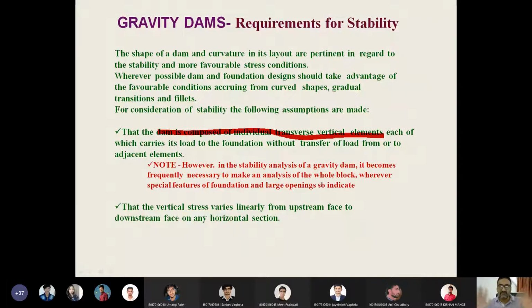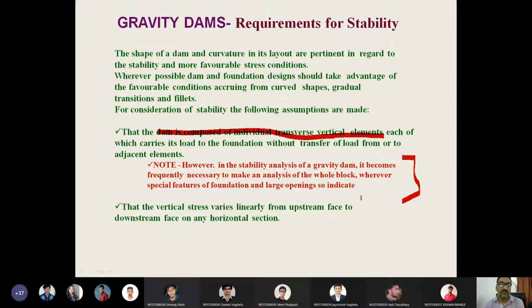But in initial stages we do not do that. In initial stages we design a cross section at a particular location and go ahead with those designs. This is checked only at a particular location, like where galleries are provided, then sluices are provided, and many times, now that computational facilities are available, the whole block can be checked through software. So that check should be run properly. That is also a mention in the code.